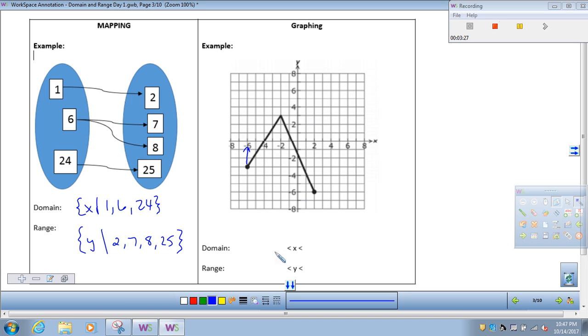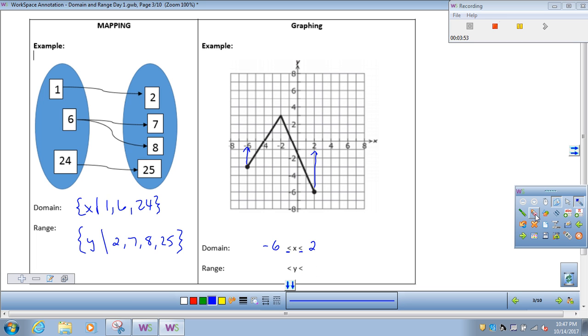So the furthest to the left would be -6. If the dot is filled in, then we have an equal to bar. And over to the right, the furthest we go is 2, and with the dot filled in, we have an equal to bar.